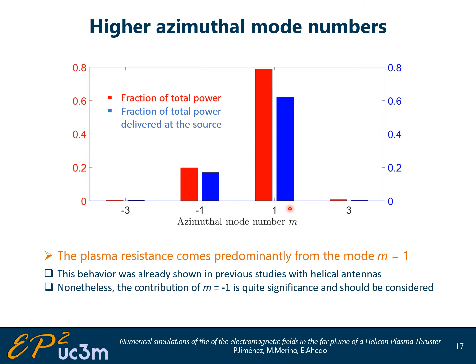But here there is another remarkable observation that the mode m equal to -1 is also relevant. So the ideal procedure would be to consider both modes. By the way, here you see that even mode numbers do not contribute to the power deposition for helical antennas.